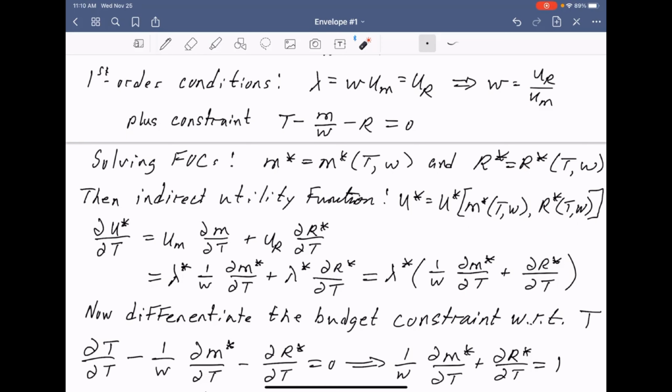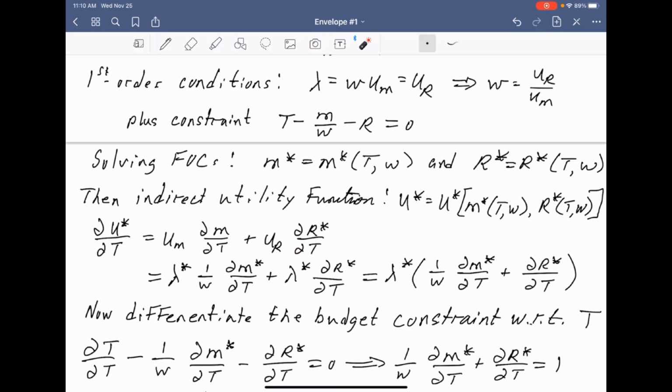All right, taking the first derivative of that indirect utility function with respect to total time, we get this expression where marginal utility of income is multiplied by the partial derivative of the budget with respect to total time, and we add to that the marginal utility of leisure time multiplied by the partial derivative of leisure with respect to total time.